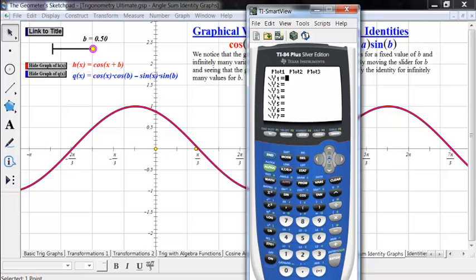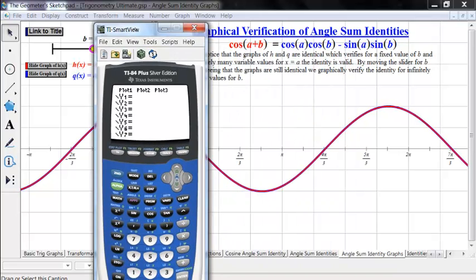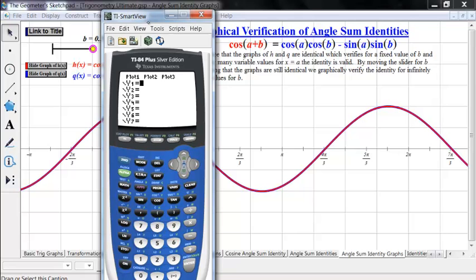If you want to verify an identity, you can put the left side as y1 and the right side as y2, and they should have the same graph and the same table. The only problem is I have two variables, a and b. If I just had one variable, I could let it be x. So the way around it is the same thing I did here: I do cosine of x, letting the a be the x, plus that one particular value of b, which was 7 or something at this point.